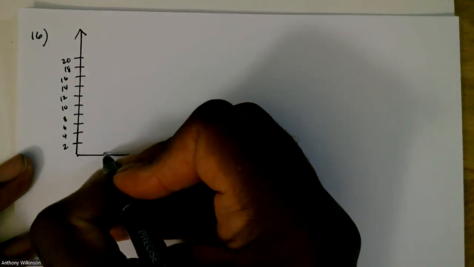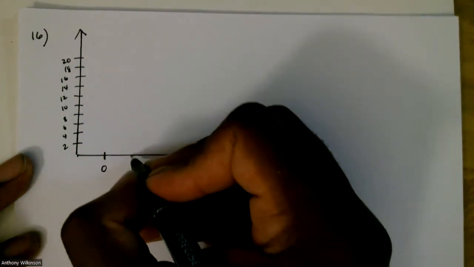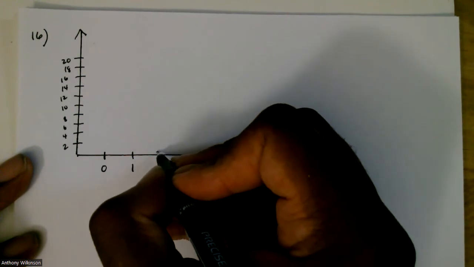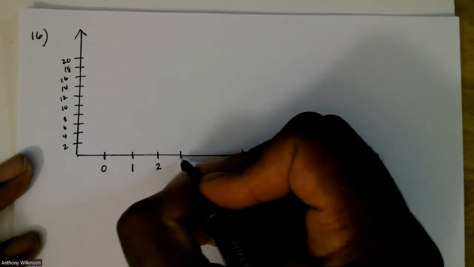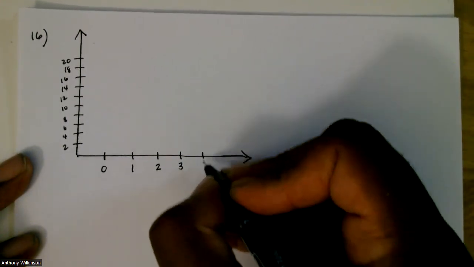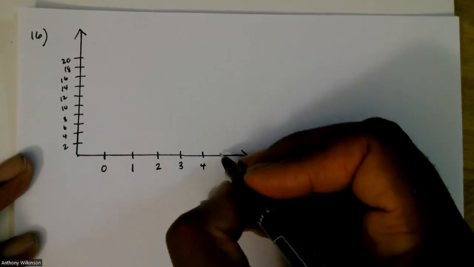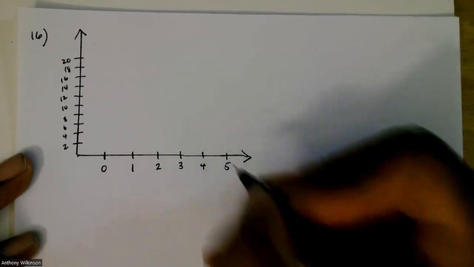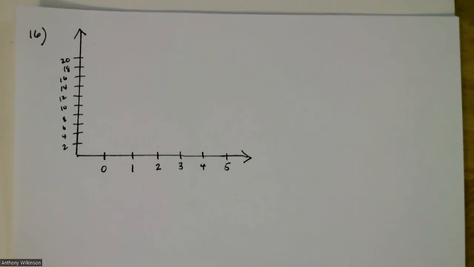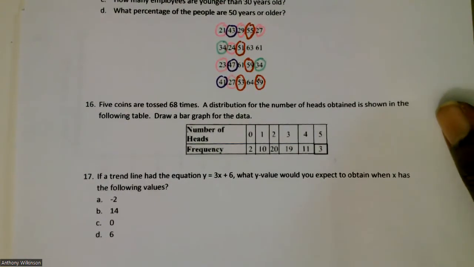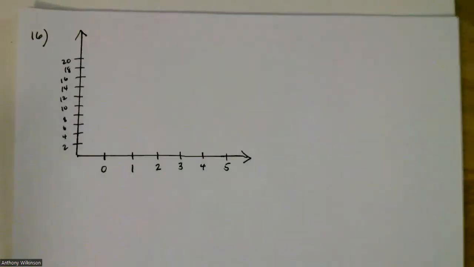And the horizontal axis, I'm going to have 0, 1, 2, 3, 4, and 5. All right, so by using this here, for 0 heads, there are 2. So that means the height of the bar will be 2.